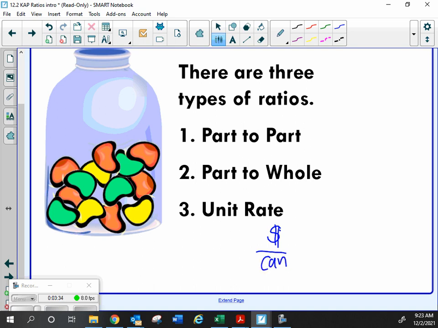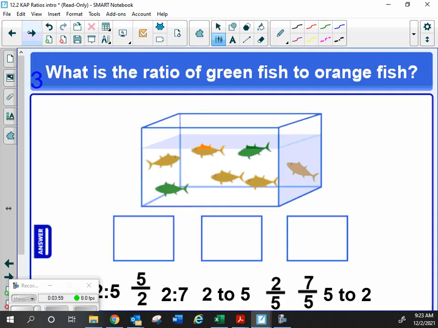Let's say, for example, that I got 4 cans of soda that cost $8. The unit rate is how much it is for one, a single unit. So that unit rate, how much would it be just for one can? 2. A unit rate is that ratio that's simplified down to just 1. You okay with that? Okay, we'll do more practice on unit rates in a second.